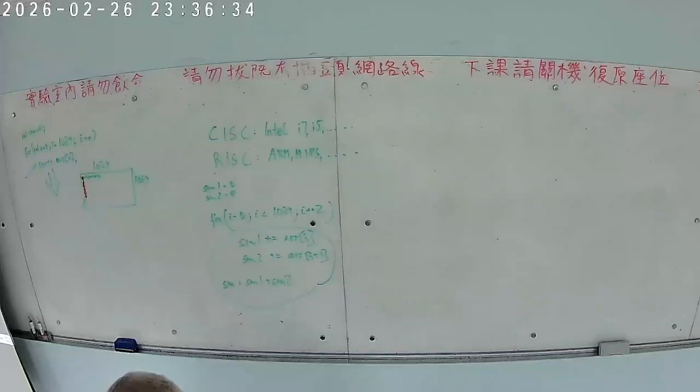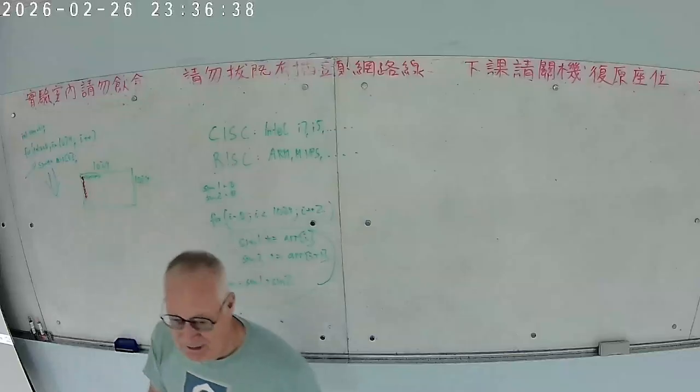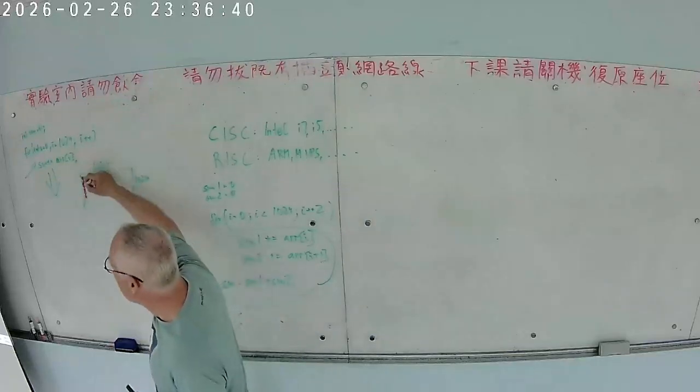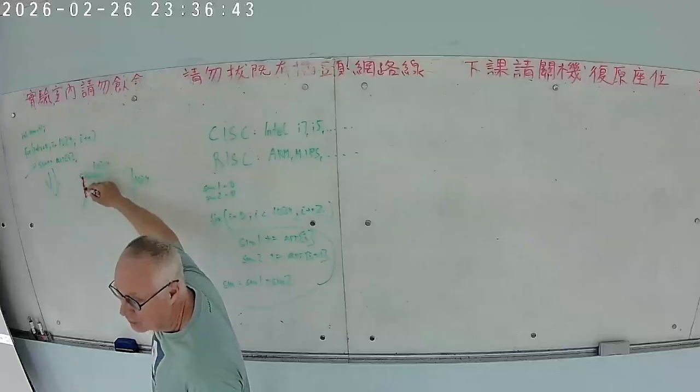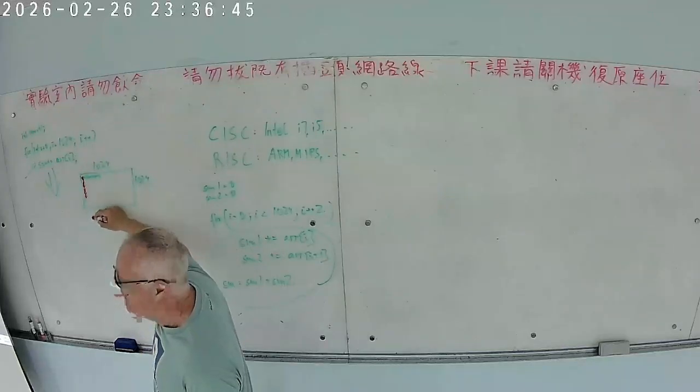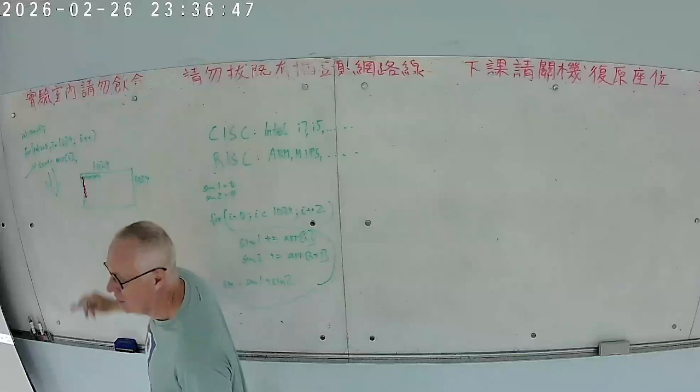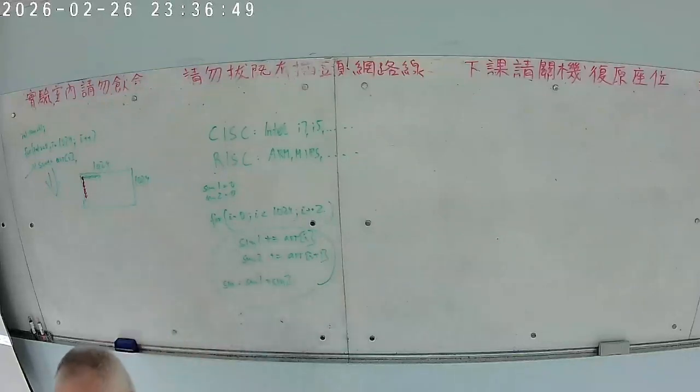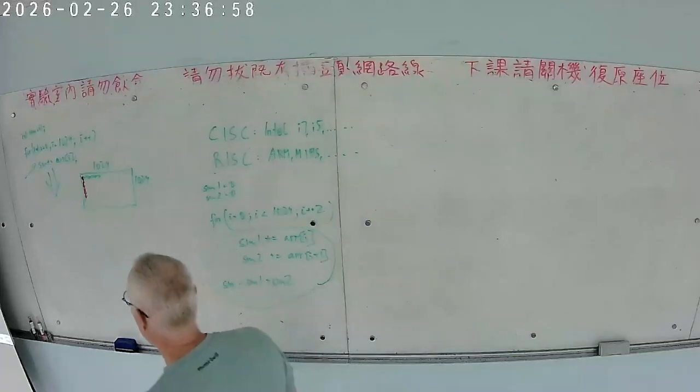If you go column by column, instead of row by row, then your code will be a lot slower. And the reason for that is because of caching.